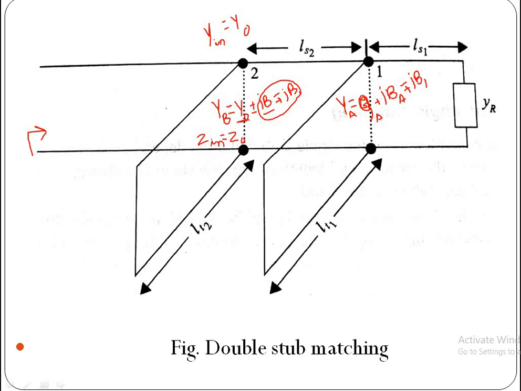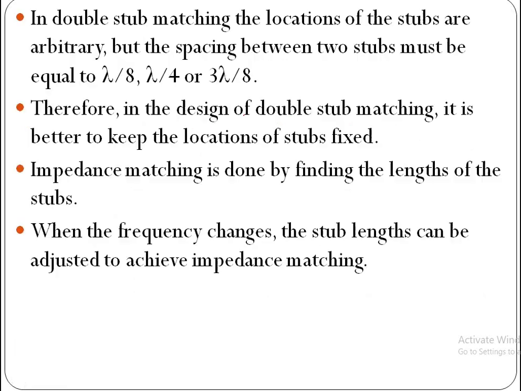So in double stub matching, this spacing determines this one. The length of the second stub is minus or plus JB. Total, these are cancelled to each other. Then the input admittance at this point is equal to Y0 and taking the reciprocal, Zn is equal to Z0. Hence the line is terminated with Z0 at this point. Hence the line is matched. This is double stub matching.